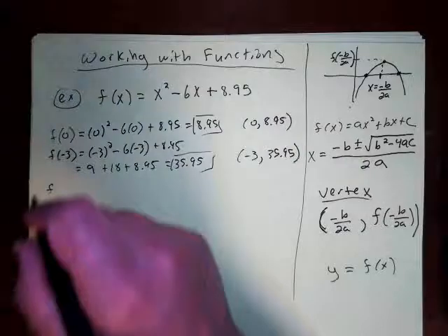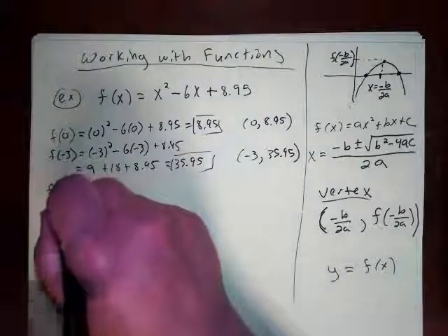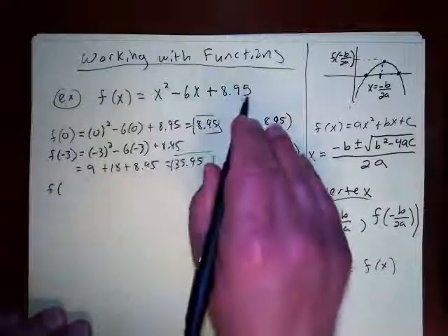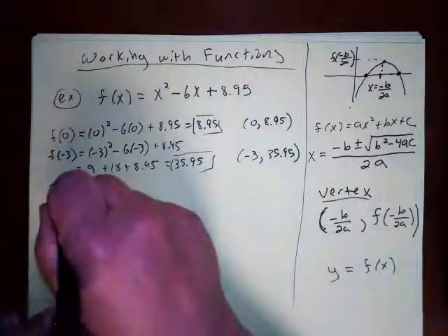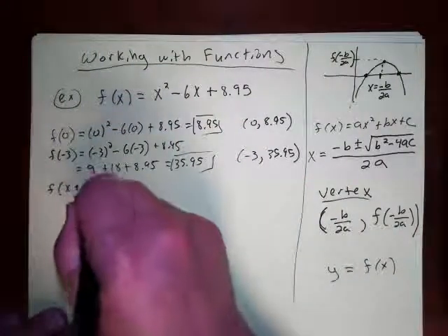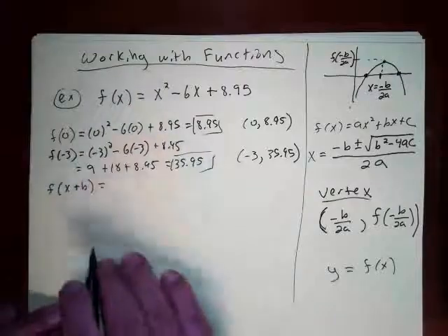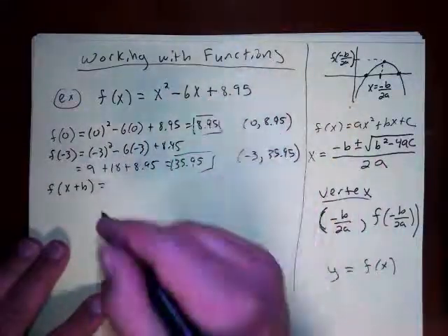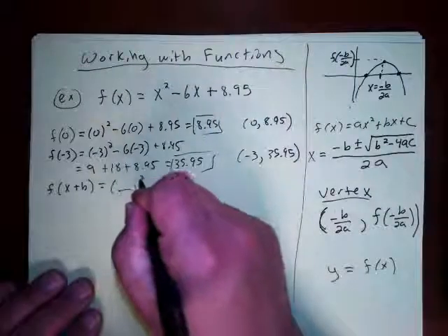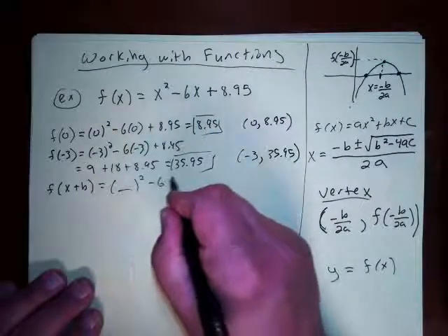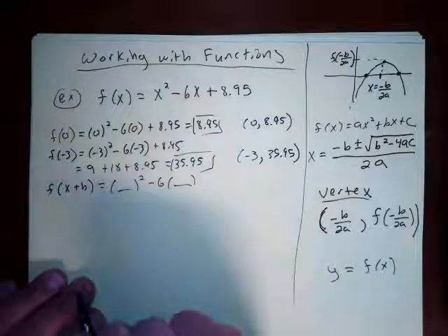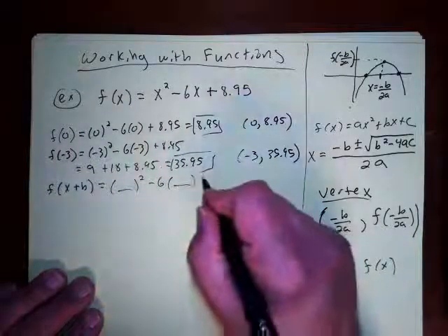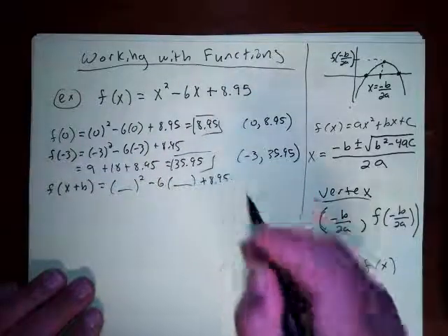But what you can do is you can put in not just numbers, but maybe what I'll do, and this is weird because these are x's, right? But I'll put in x plus h, and basically what this means is the x is just kind of a placeholder. So I got something squared minus 6 times something plus 8.95.